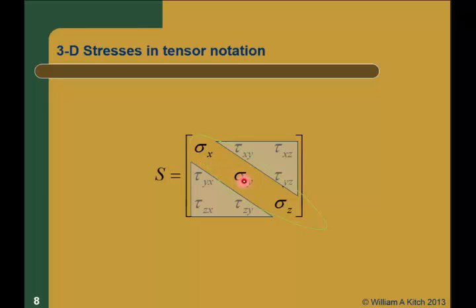So sigma y is in the middle: if you think of the x row and the x column, the y row and the y column in the middle, and the z row and the z column at the bottom, the shear stresses are just labeled with the row and column. So tau xy is in the x row and the y column, and tau xz is in the x row and the z column. And I said this already, our normal stress is down the middle.